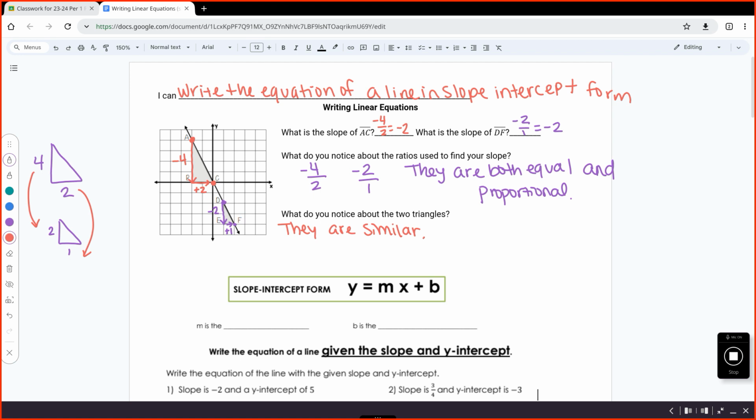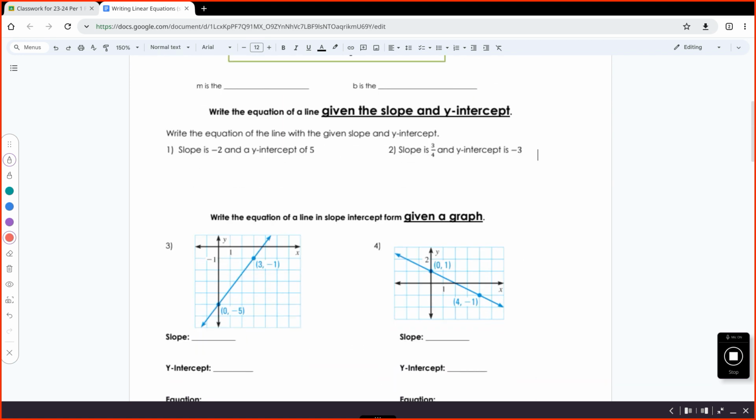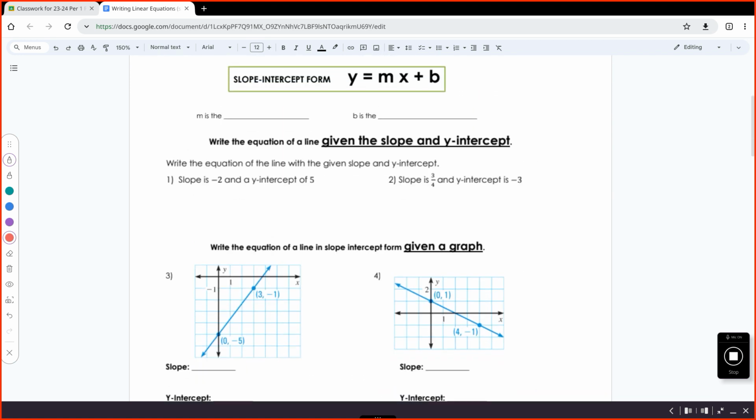All right, moving on. Slope-intercept form, y equals mx plus b. So m is the slope, and b is the y-intercept, which means where does the line cross the y-axis?